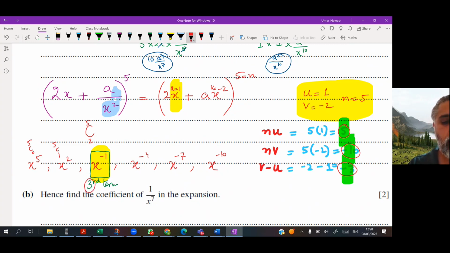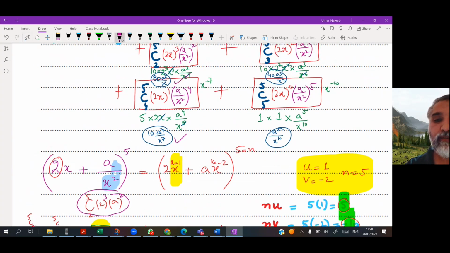So if it is the third term, you have to write here 5C2, then just copy the coefficient of x, which is 2 here, and the second one is a. By the rule I have told you, 5 minus 2 is 3, so you write 2 to the power 3 and a squared. That is the coefficient of x power minus 1, which I already got here.